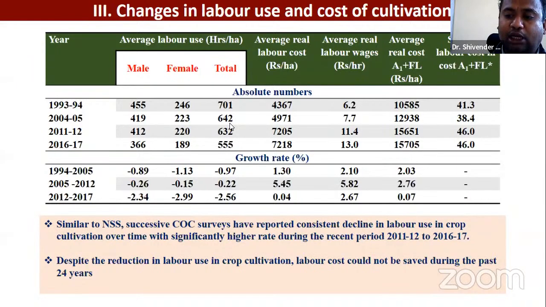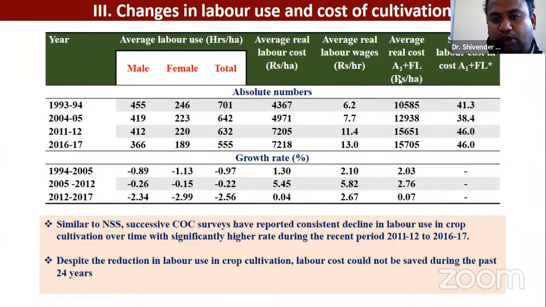So despite labor use having declined, labor cost, which is labor use, meaning hours, multiplied by wages, has increased rather than declined. So we could not get the advantage of declined labor use in physical units in terms of labor cost. Because of that, the average real cost increased from 10,000 per hectare to 15,000 per hectare. This is an average of 10 crops over the period.